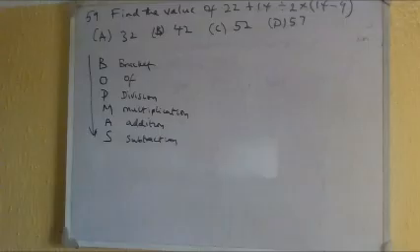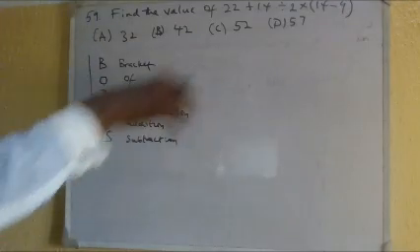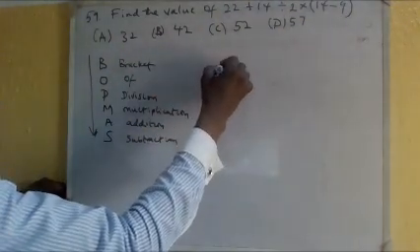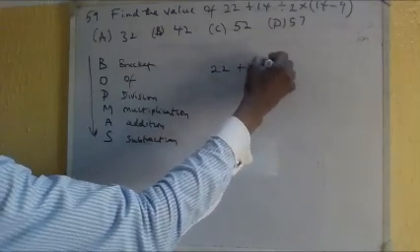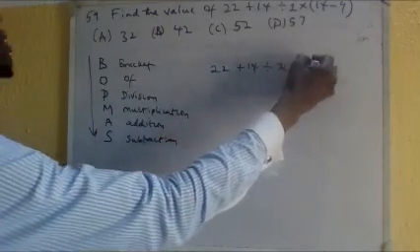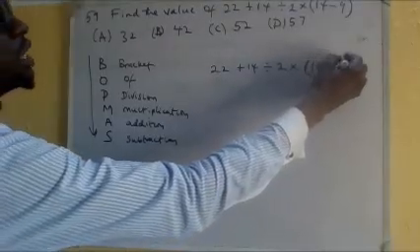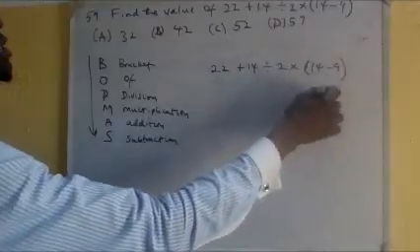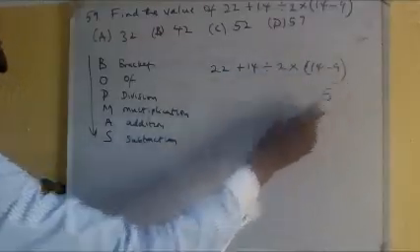So we start. What is the first operation we are seeing here? It is the bracket. So let me write it out again. 22 plus 14 divided by 2 times open bracket 14 minus 9. I'm seeing the bracket first, so I will solve this bracket. 14 minus 9 is 5. Understand? Then the next one is division.